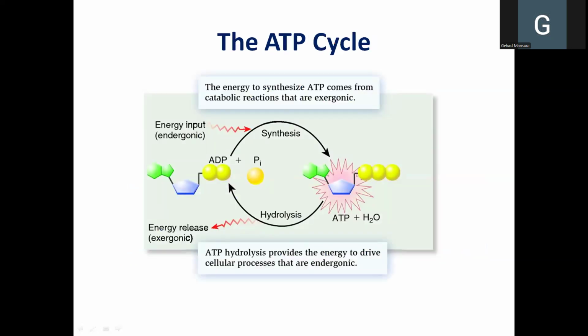Now, this is what we call the ATP cycle. So here you have the nucleotide that consists of adenine.